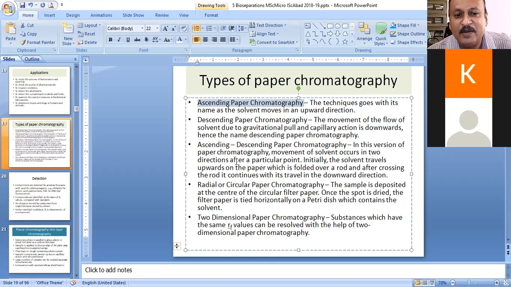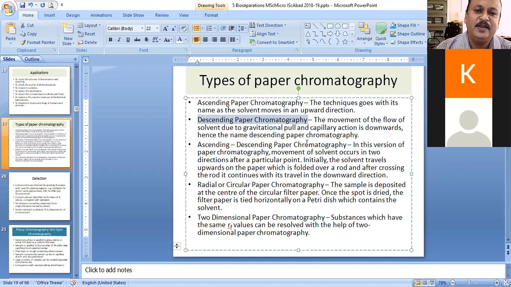Because of the two forces, the speed of separation is more in descending, so you get faster separation. In ascending, because it is going against gravity, the rate of movement is slower, and therefore the chromatography will take longer.